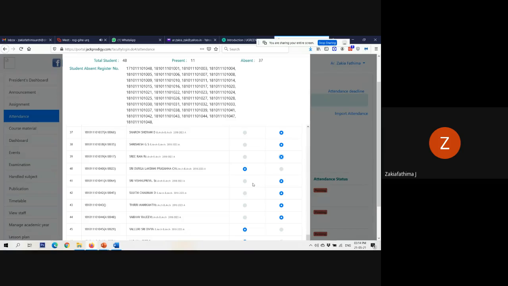Vishnu Priya? Absent. Sujit? Absent. Tiri Manikant? Absent. Vaibhav Rajesh? Okay, absent.